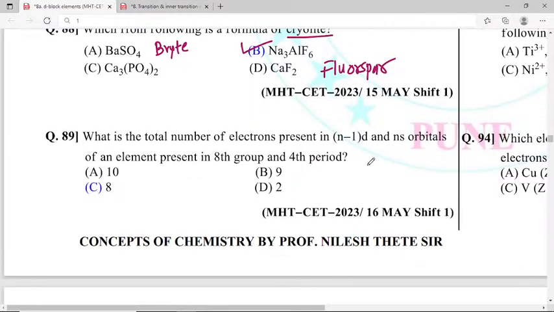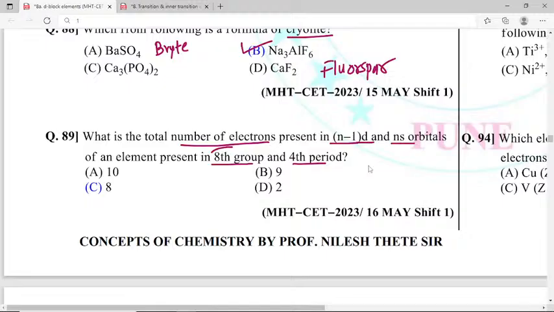Next question, again the same type of question. Question number 89. So please answer. What is the total number of electrons present in the (n-1)d and ns orbitals of the 8th group and 4th period? So how to calculate for the 8th group and 4th period?